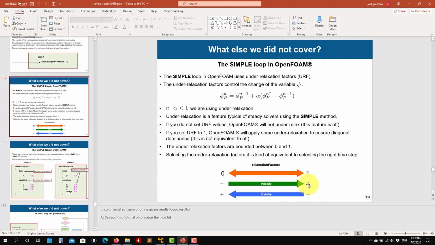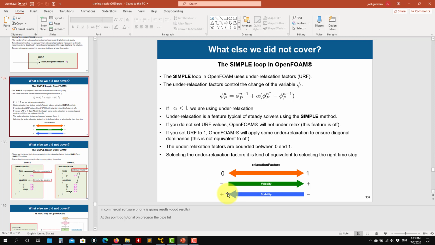The closer you are to 1, the faster the convergence, but as we saw in the example and the figure, that will not necessarily give you good accuracy. You go faster, you lose stability. As you go closer to 0, you go slower, you gain stability, but again, not necessarily accuracy.